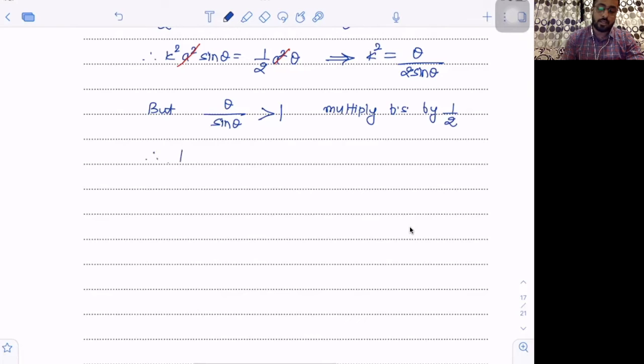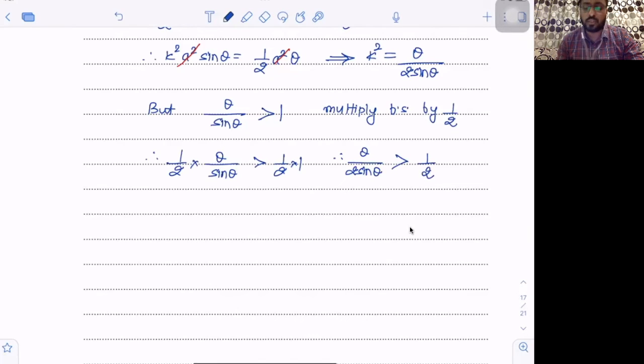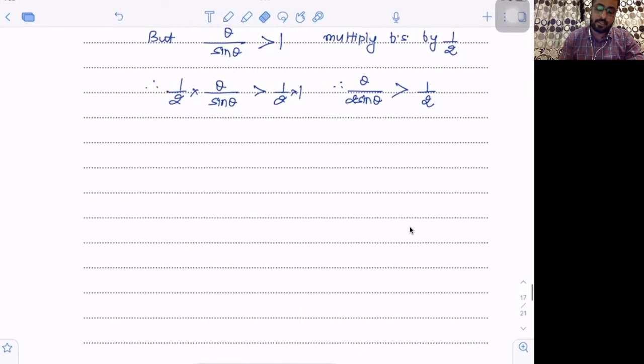So I write 1 upon 2 into theta upon sine theta is greater than 1 upon 2 into 1. So I write theta upon 2 sine theta is greater than 1 upon 2. But what is theta upon 2 sine theta? Just now you have proved that theta upon 2 sine theta is k square. So I can write here that k square is greater than 1 upon 2.